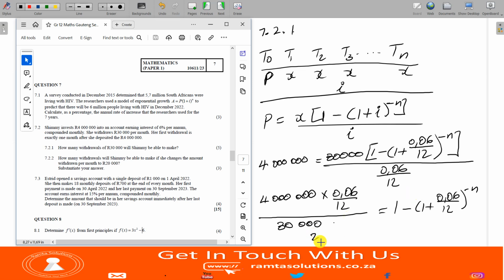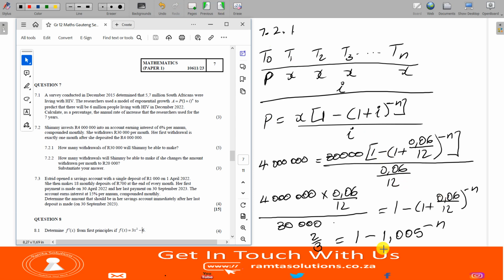So 2 over 3 equals 1 minus 1.005 to the power negative n. Now 1 minus 2 over 3, we get 1 over 3.